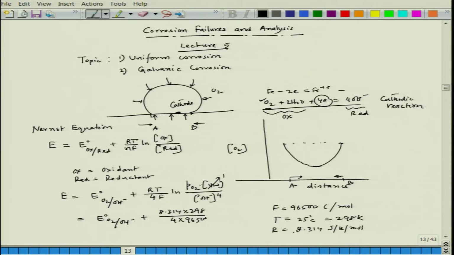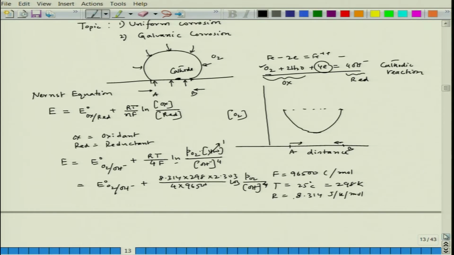Okay. If you put that, and if you want to convert this ln to log, then you multiply by 2.303 log PO2 by OH minus whole to the power 4. Okay.